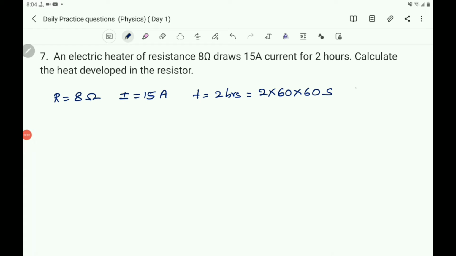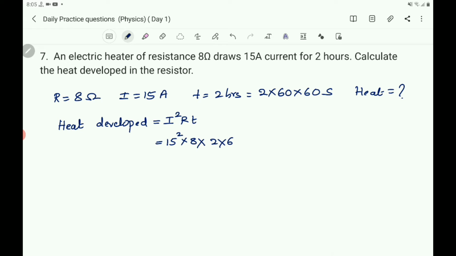Then what do you have to find out? We have to find out heat. Let us write heat developed equals the formula I square R into T. I is current, that is 15 square, or you can write 15 into 15. R is 8.